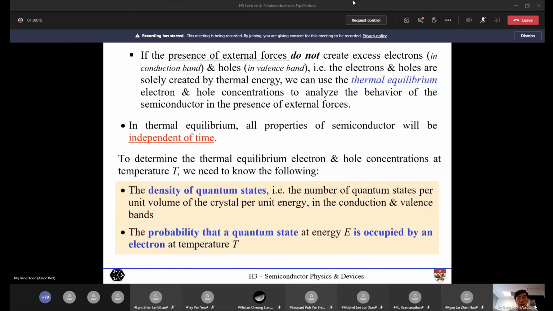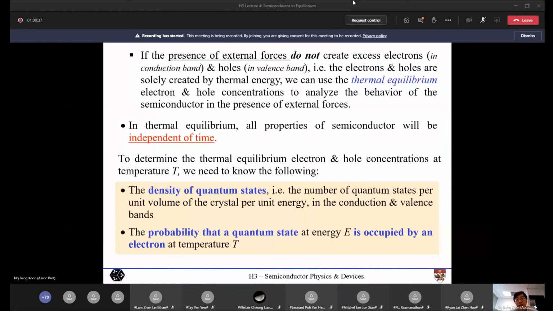if you also know the probability that each of these states is occupied by an electron or not. That brings us to the second parameter, which is the probability that the state is occupied by an electron. We know how many empty seats we have, and what the chance is that each seat is occupied by an electron.